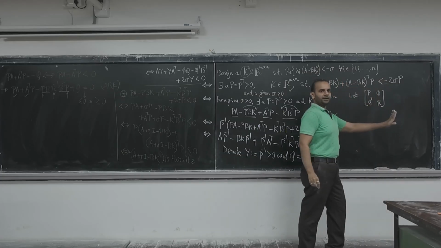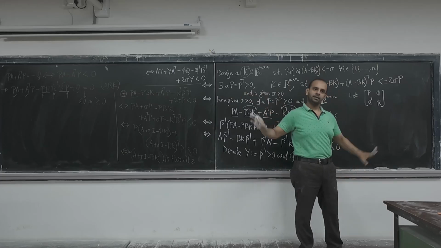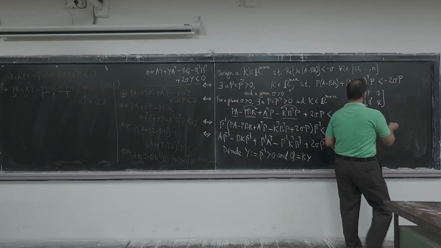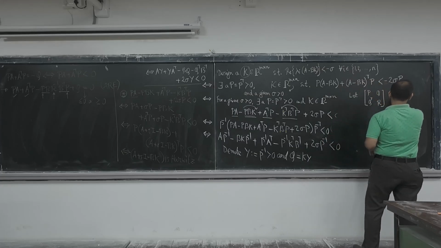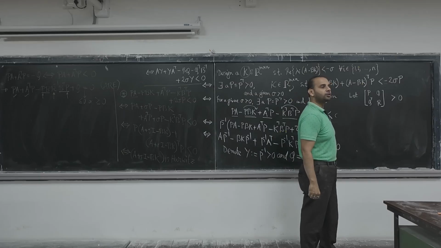I am writing separately these P, Q and R, with no resemblance to the earlier ones. I am writing this as a partition matrix. If this partition matrix is positive definite, then by Schur complement lemma, what can you write?